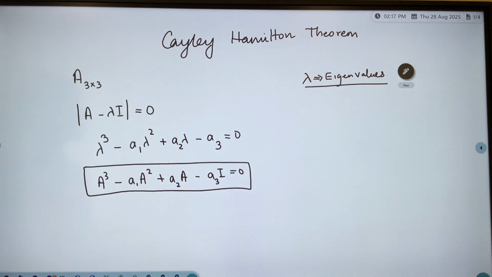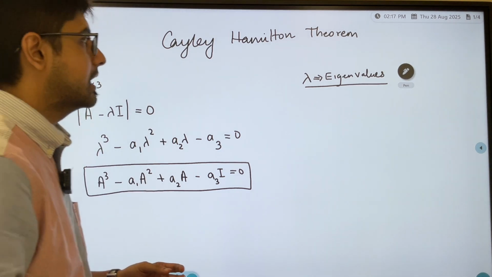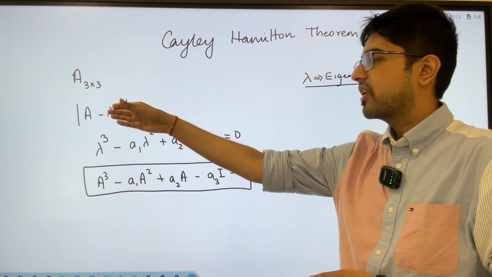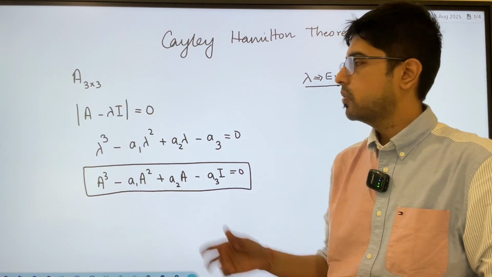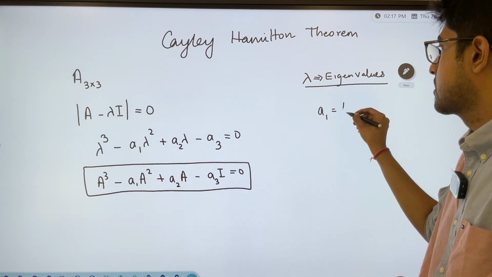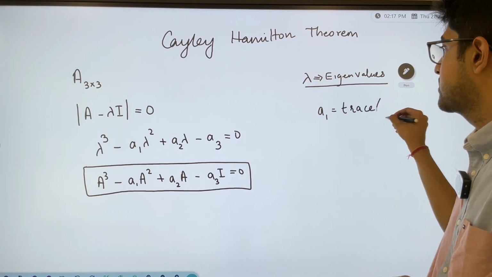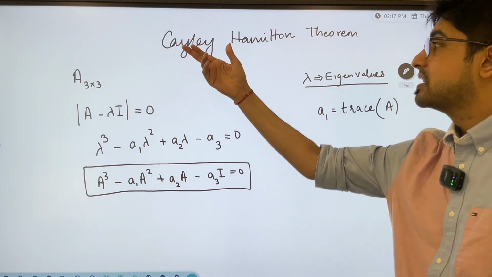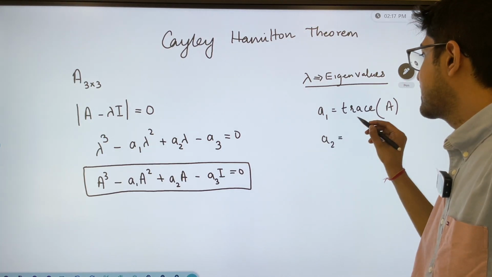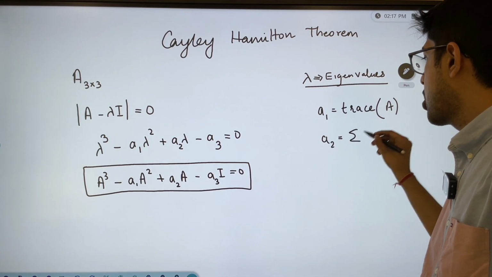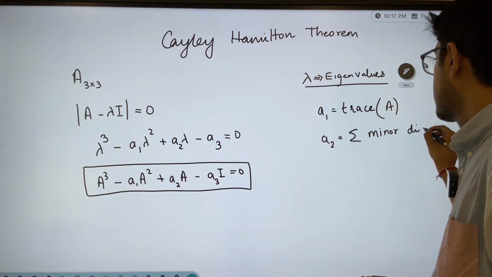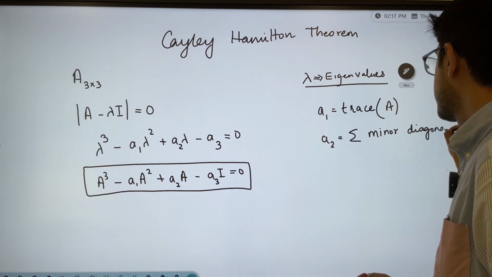Now the question is, what are the values of A1, A2, A3? When you actually solve for det of A minus lambda I equal to 0, the coefficients that you get are as follows. A1 is nothing but the trace of A, which is the sum of diagonal elements of A. A2 is nothing but the sum of minors of the diagonal elements.